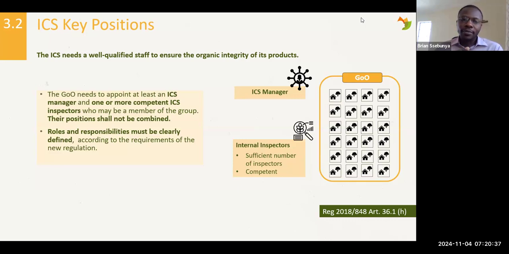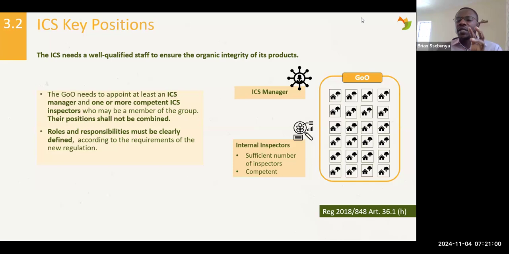And in bold, these positions shall not be combined. I've visited some ICS under the former regulation where the ICS manager and internal inspector did not have a clear distinction of their roles. Here, the two have to be distinctly separate.